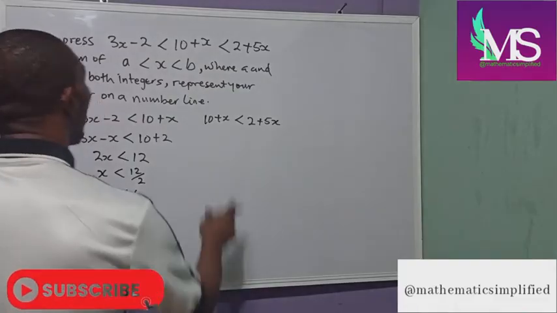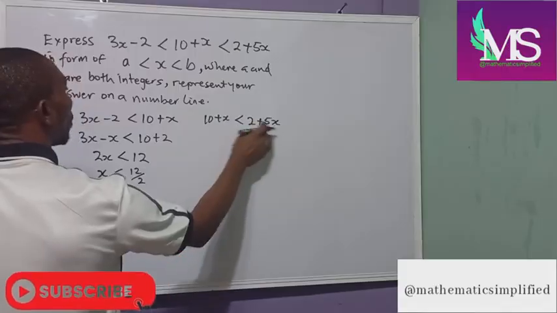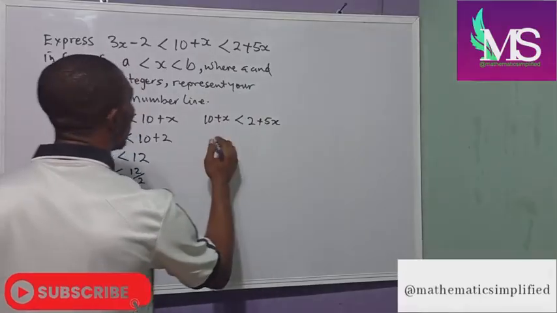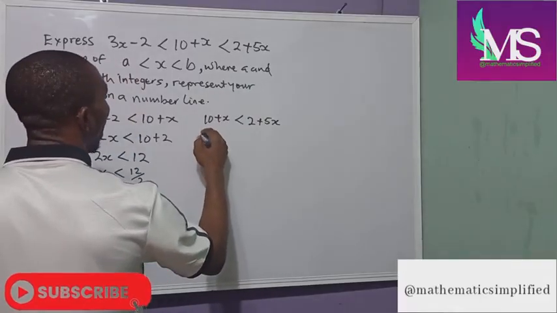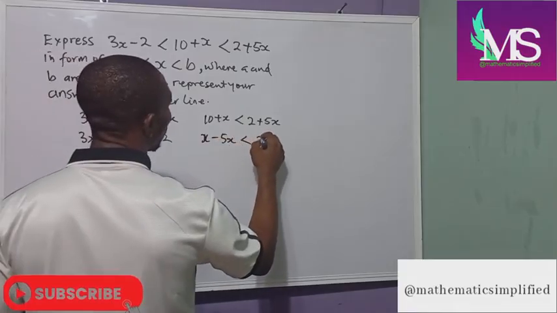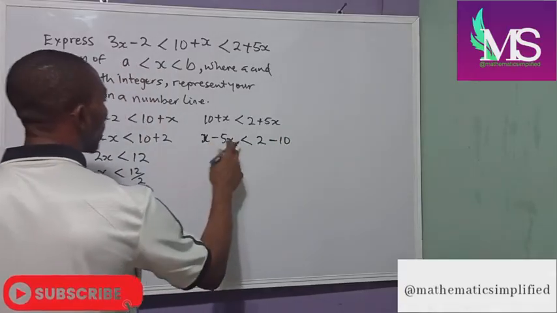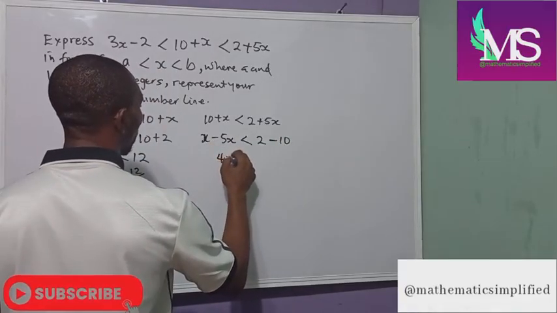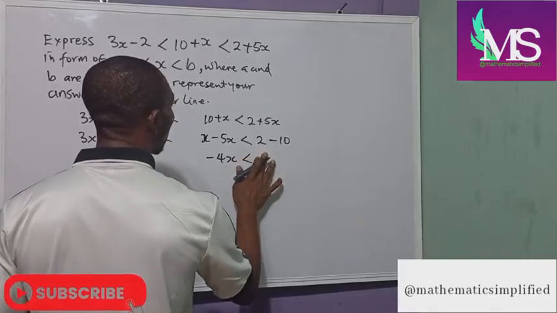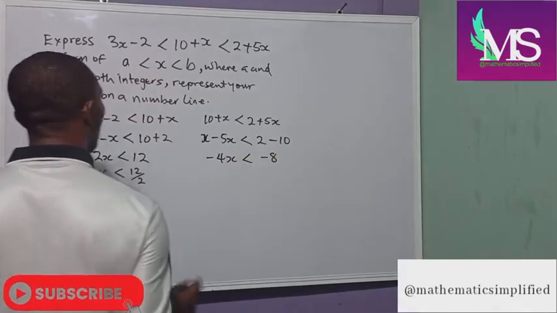Alright, now for this, if we collect our terms together, plus 5x crossing over will become minus, 10 crossing over will become minus. So this becomes x minus 5x is less than 2 minus 10. So x minus 5x will give us minus 4x is less than minus 8, because 2 minus 10 will give us a minus 8.